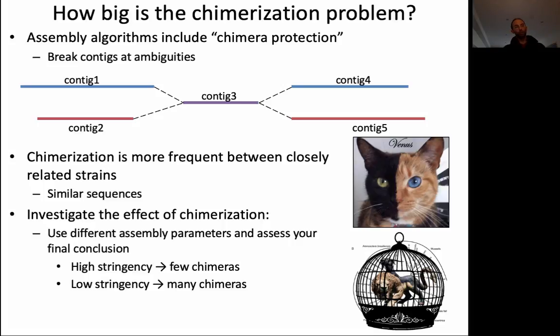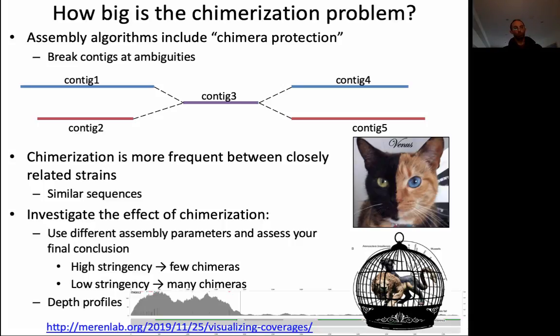Then finally, there's another approach which you can do to look at chimeras, and this is by assessing the depth profile along the length of the contig. So here we see a contig at the bottom, going from left to right, and the number of reads that are mapped or aligned to each of the positions on the assembled contig are indicated with these gray areas.